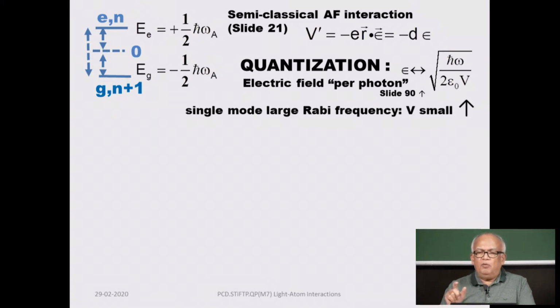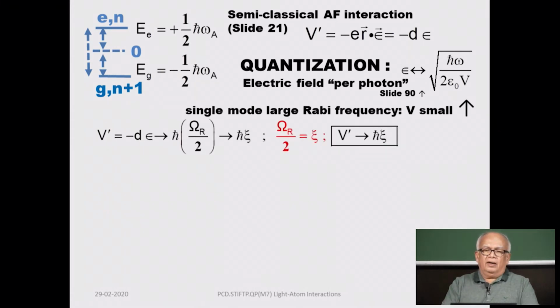We have a single mode Rabi frequency, and we get it by making V small, right. The Rabi frequency, we define this xi so that omega r by 2 is equal to xi, and you can write this V prime in terms of the Rabi frequency, which is h cross xi, okay.